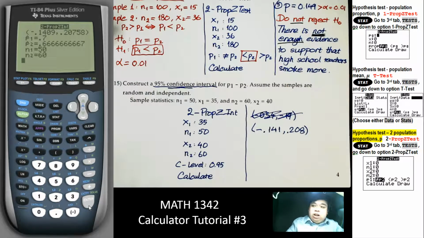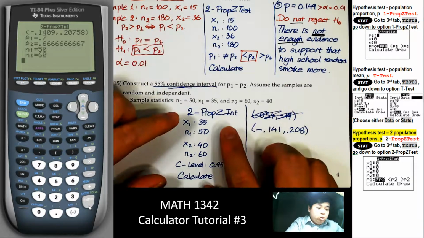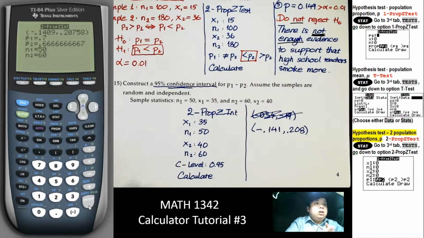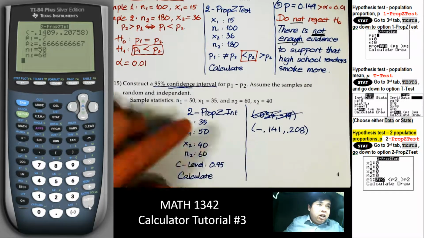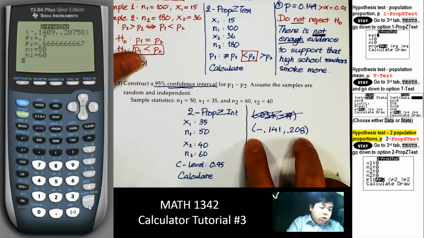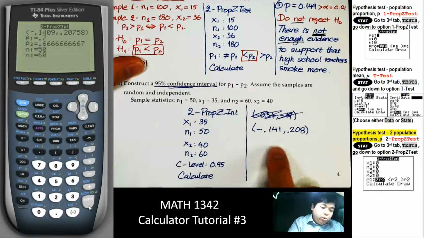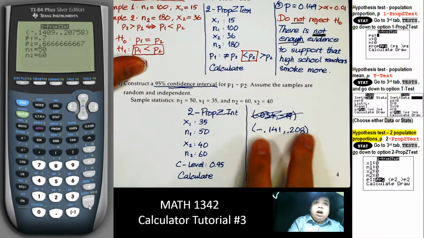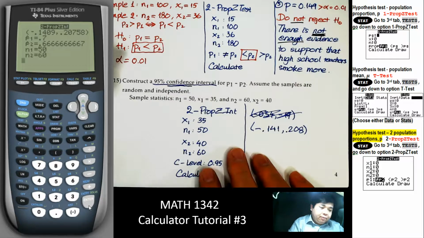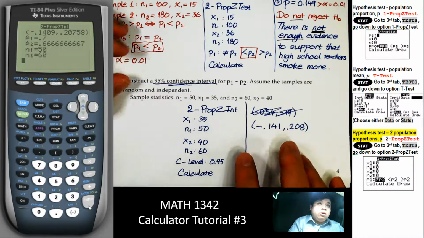For all the confidence intervals we do a similar thing: go to the correct option, fill out the form, and calculate. For a confidence interval, we just have the interval, meaning P1 minus P2 is within that range.